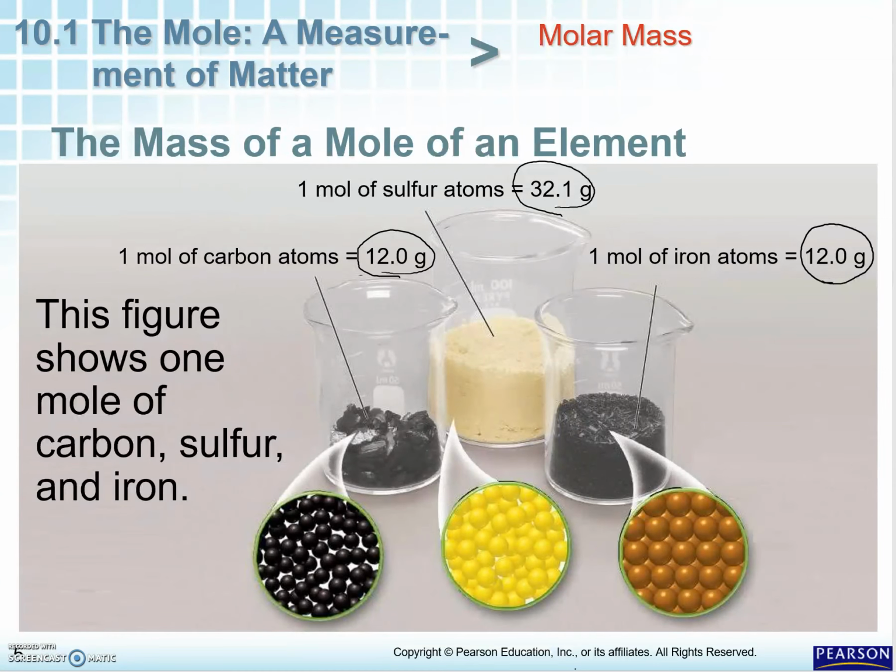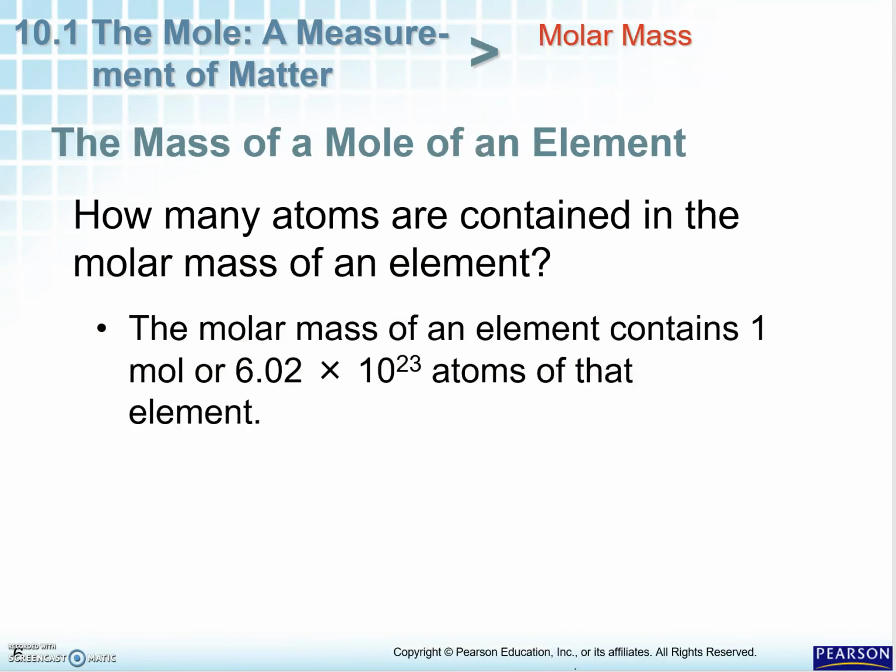So 1 mole is equal to 12 grams of carbon, whereas it's going to be 32 grams of sulfur. And this isn't actually the correct number. This is a typo. Instead, it should be around 55 grams in that beaker right there. So you have lots and lots of different and varying amounts that make up 1 mole of an element.